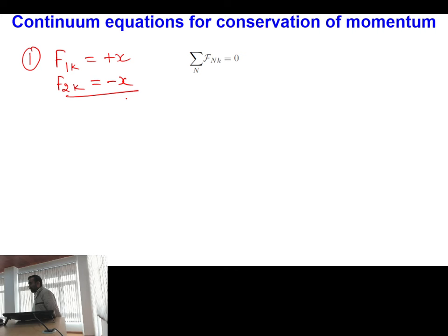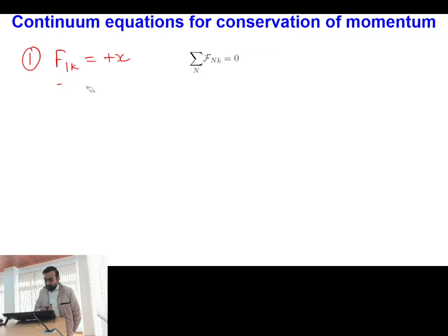How? Say you have a three-phase system. If you consider that on the first phase in kth direction, x amount of force is acting because of the second phase, and minus y amount of force is acting because of the third phase. Then on the second phase in kth direction, because of the first phase, what will be the force?